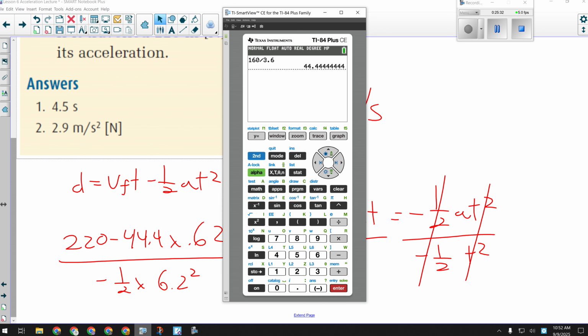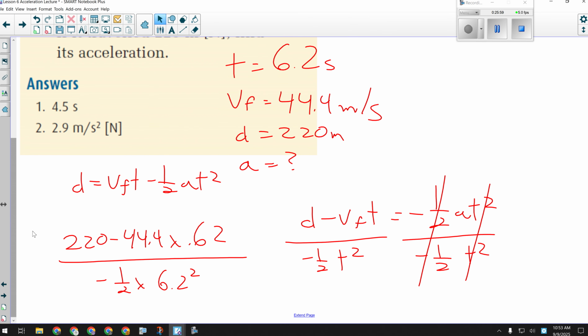So 220 minus 44.4 times 6.2. There's the top, and I'm going to divide that by the bottom, negative 0.5 times 6.2 squared. So the acceleration there, to two significant figures, will be 2.9 meters per second squared.